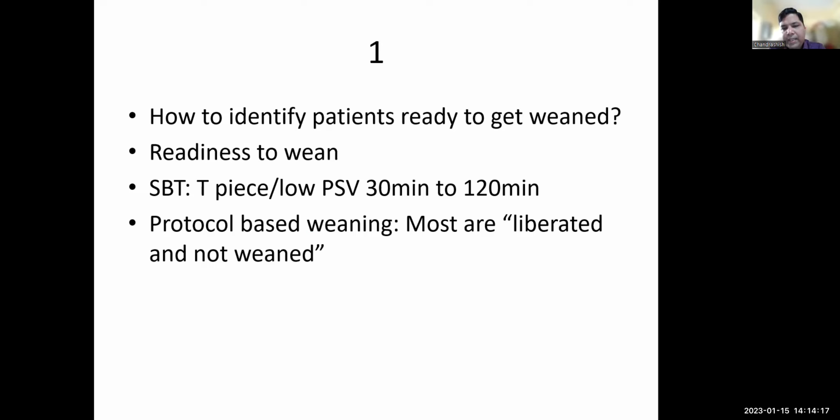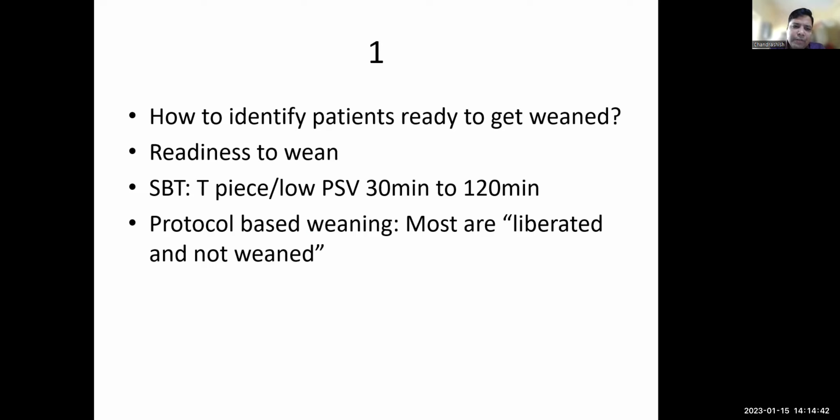They have a checklist and they go through the checklist and decide that this patient is ready to be weaned off. Then during the rounds they discuss, and if the consultant is happy to take them off from the ventilation, then they go through that protocol-based weaning and then they take them off from the ventilator.